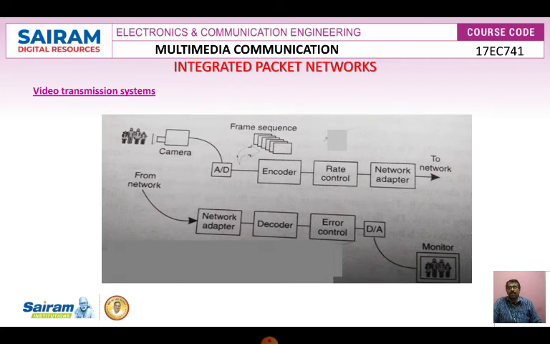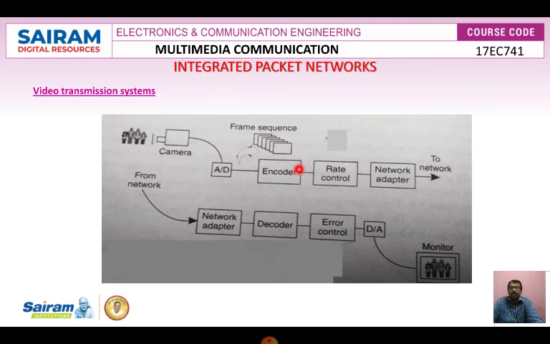So in video communication, the camera continuously captures the scene. The digitized video is passed into the encoder through the analog to digital converter, where the conversion takes place. The encoder is the bitrate controller, in order to regulate the operation and also compress the corresponding packets or the particular information.